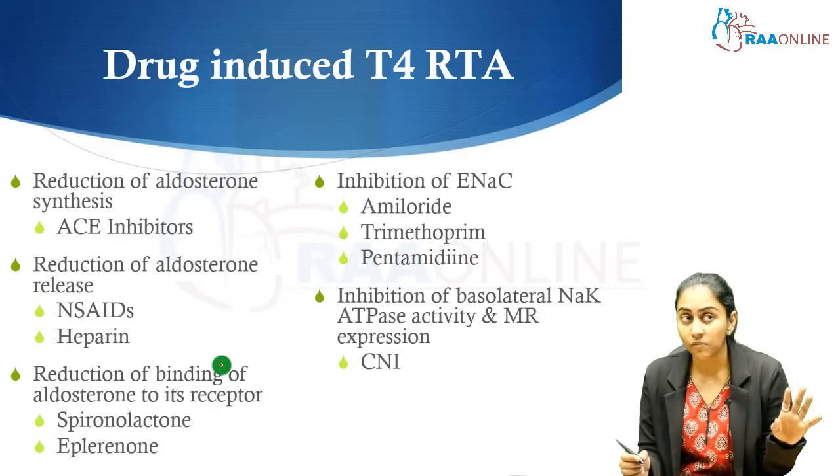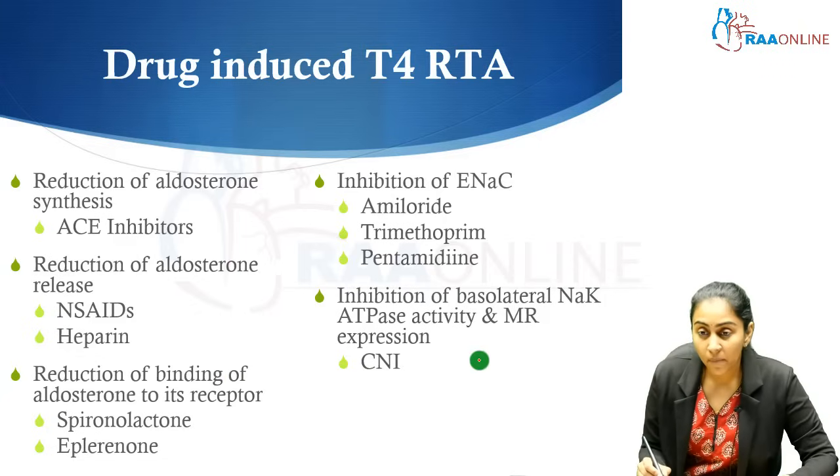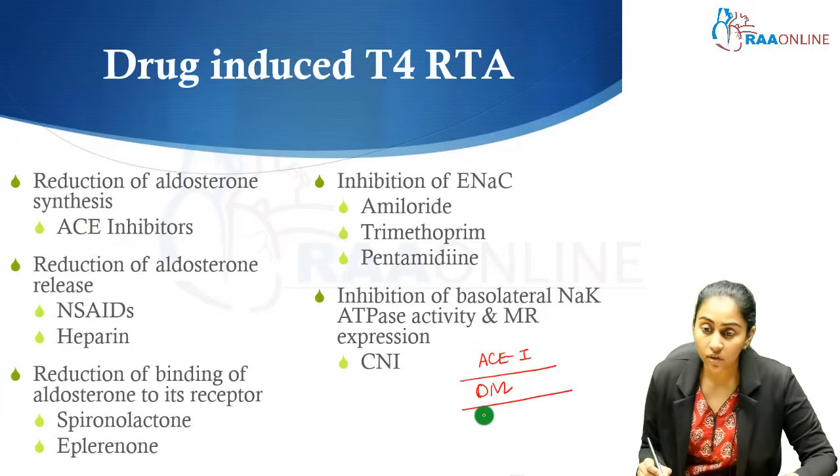So whenever you have type 4 renal tubular acidosis, remember that your patient could be on ACE inhibitors, your patient could be a diabetic, and your patient could be having an obstructive uropathy.